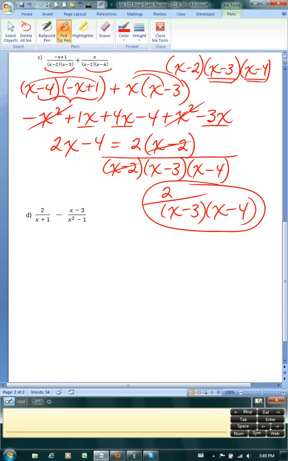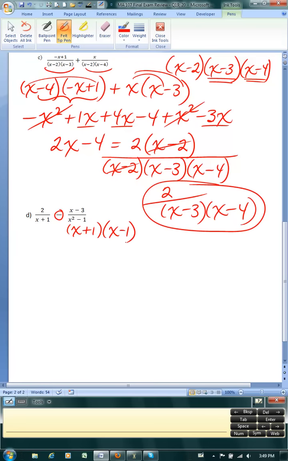Letter D is very similar, only I am subtracting. So I'm going to have to be careful of my signs. And I actually need to factor the right-hand side denominator in order to establish the LCD. That's a difference of two perfect squares. So when I factor it, I get x plus 1, x minus 1.